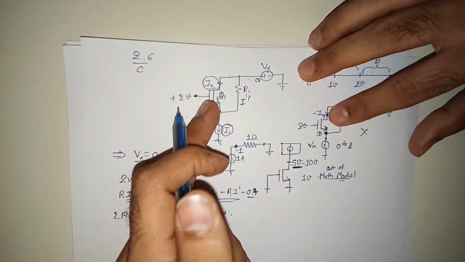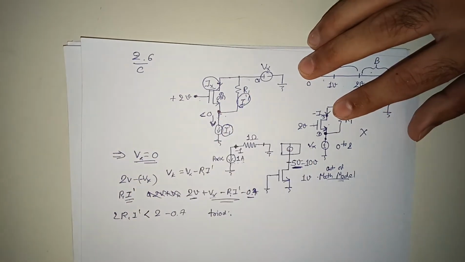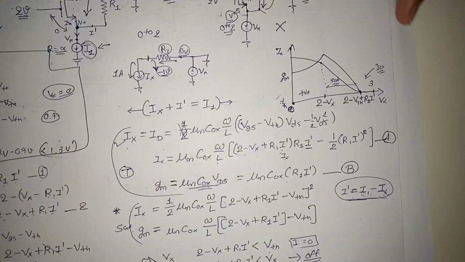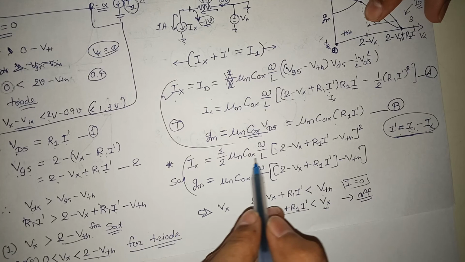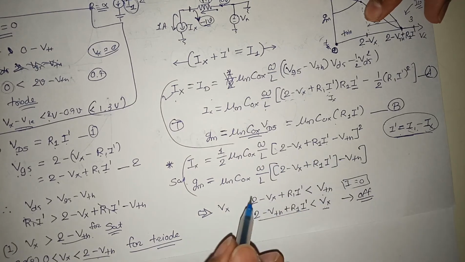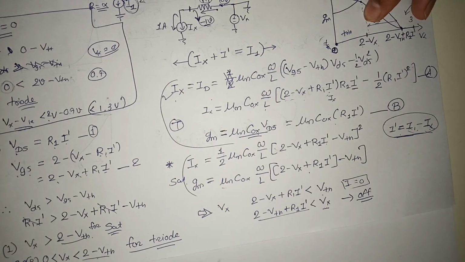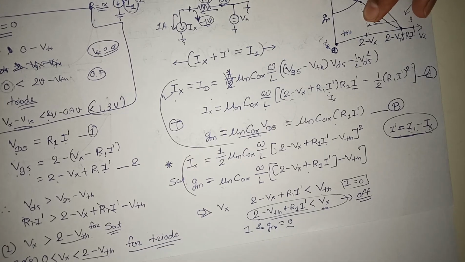Ix is ID basically, and I dash is the current through R1, as I told earlier. For the saturation region equation, you know that 1/2 mu n COX W by L, VGS minus VTH squared. I put the value, you can get that. Same goes for Gm, and for this value, I and Gm will be 0.